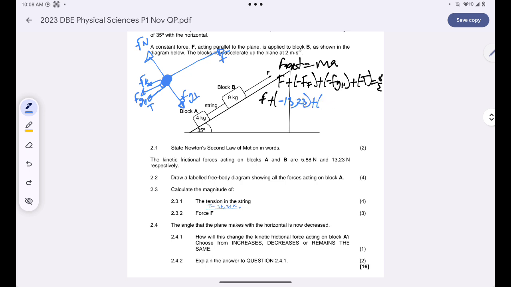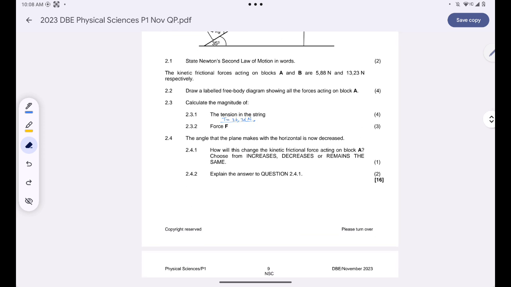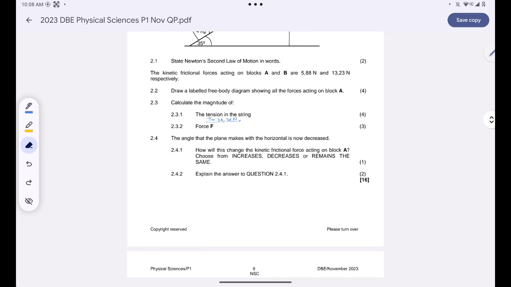Plus negative Fg parallel, which is negative 9 multiplied by 9.8 sine 35. I don't have space here, guys. Let me just do this. Let me find the Fg parallel down there, and then I'll just substitute.